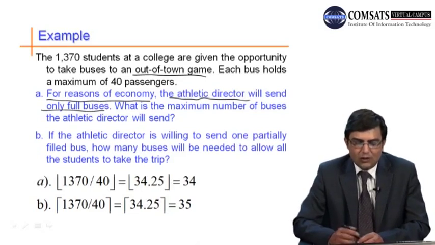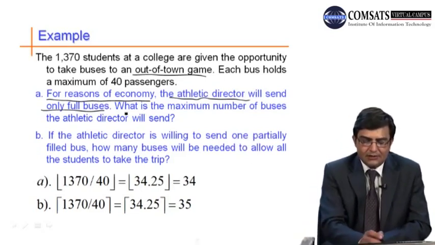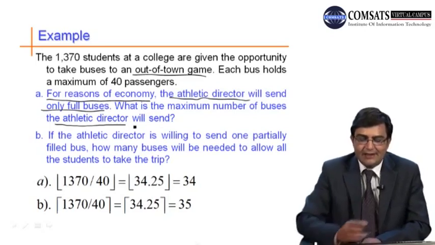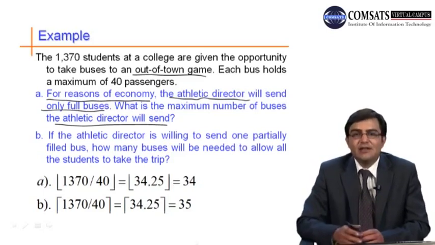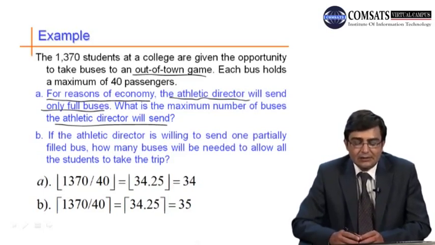So what is the maximum number of buses the athletic director will send? The athletic director doesn't allow a bus to go which is not full of passengers, full meaning the bus has 40 passengers.